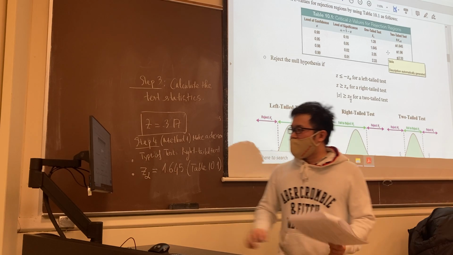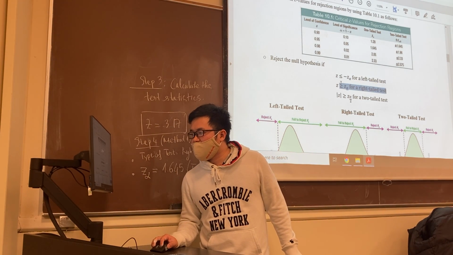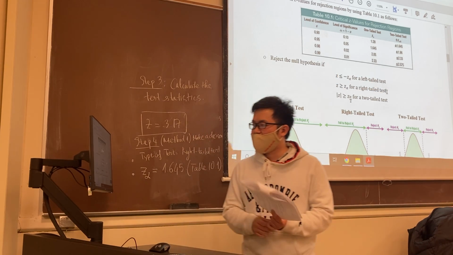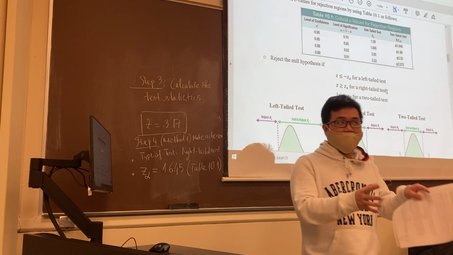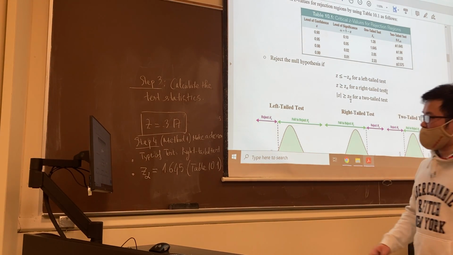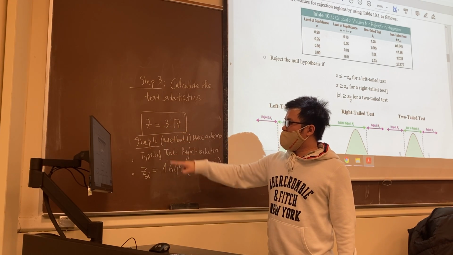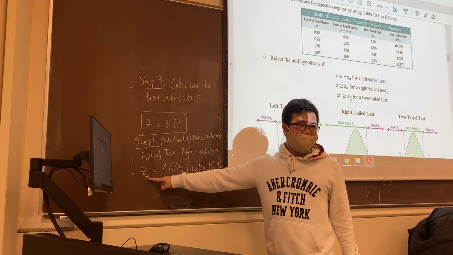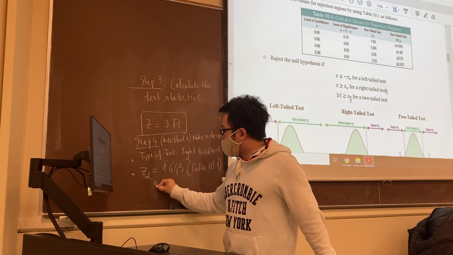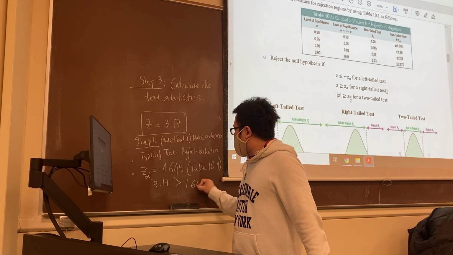Now we will look at the condition here. For the right tail test, we need to check the condition: if z is greater than z alpha. That means we need to compare the test statistic and the critical value. This is the test statistic, and this is the critical value. You see that 3.17 is greater than 1.645.